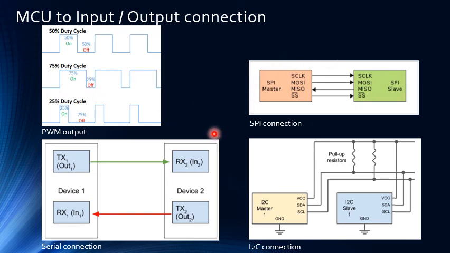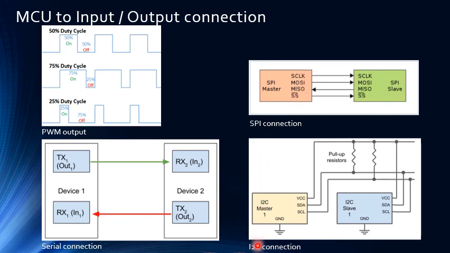For the communications, this is just an illustration. I'm not going to cover this in detail for now. I just want to highlight that for serial communication, the pin names are TX and RX. For SPI communication, the pin names are serial clock, MOSI, MISO.